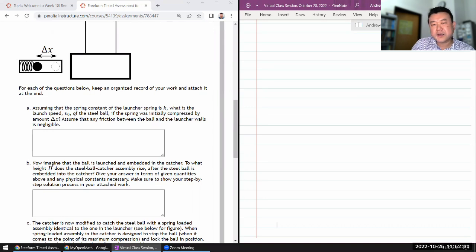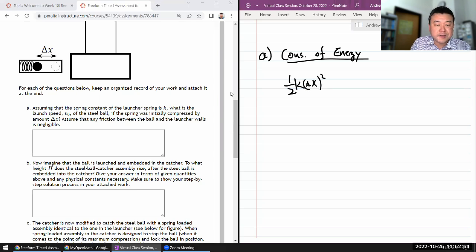Okay, it feels like I can just use conservation of energy. With all the information that they're giving, they're trying to give us the initial spring potential energy that it starts with. So we'll say my initial spring potential energy is 1/2 k delta x squared, and it starts out with zero kinetic energy. At the end, all of that spring potential energy will be gone.